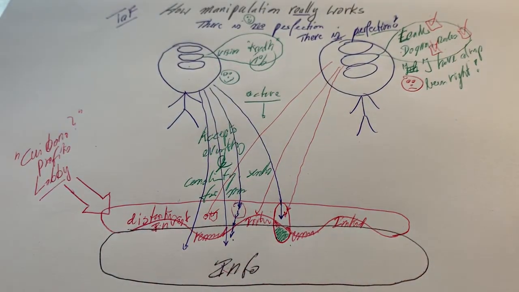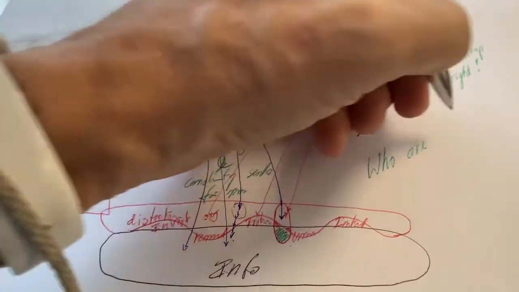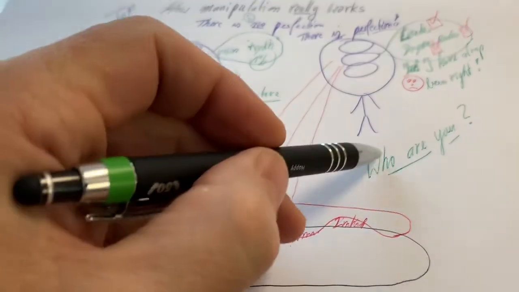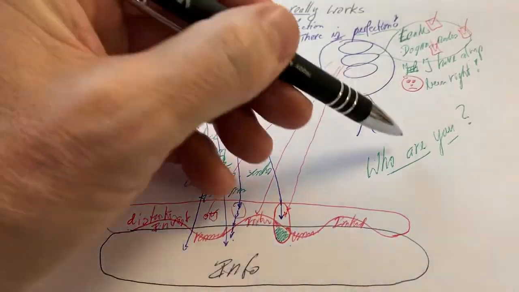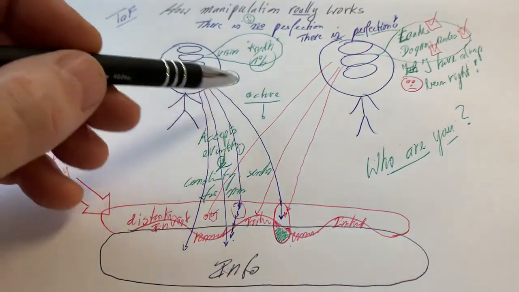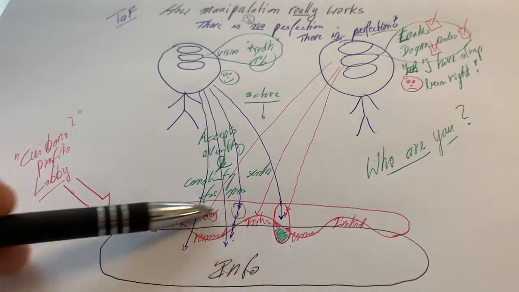And now the question is, where are you? So who are you? That is my question. Am I this person? Or am I this person? Am I an open-minded person that accepts everything, that accepts how it is, that constantly searches for?